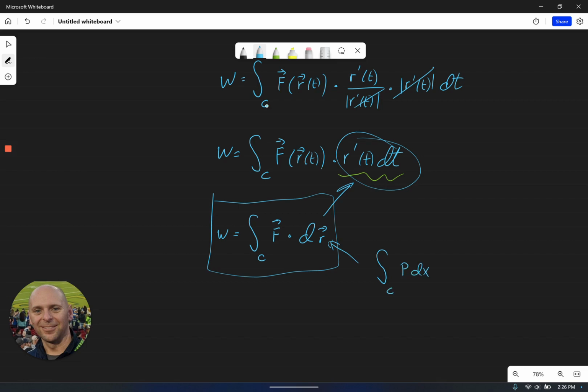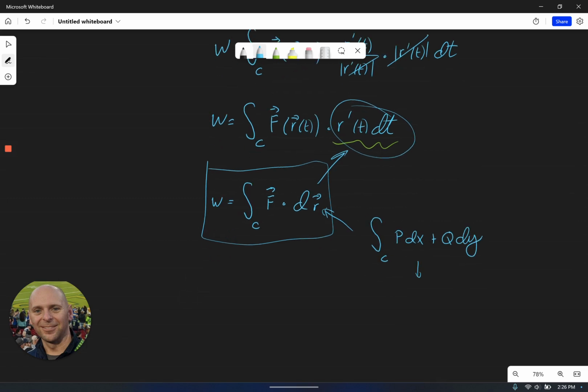P dx plus Q dy, where this is really the dot product of the function PQ, which is the F for the force field, dotted with dx dy, or PQ dotted with x prime of t, y prime of t, dt.